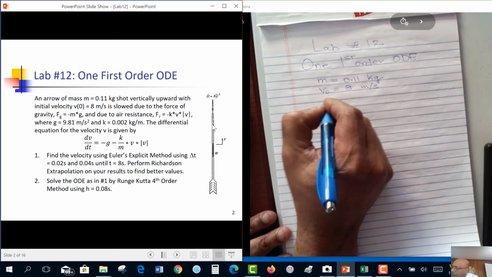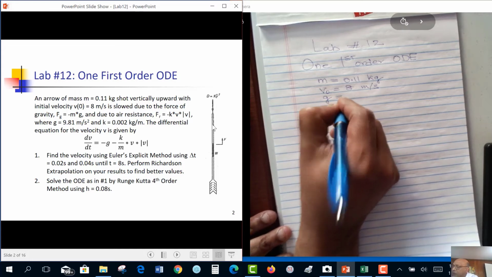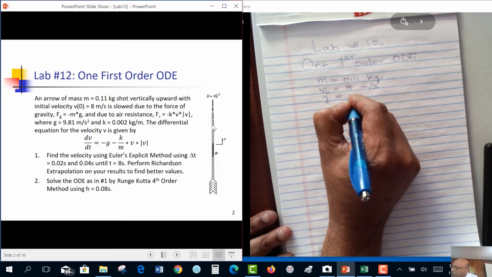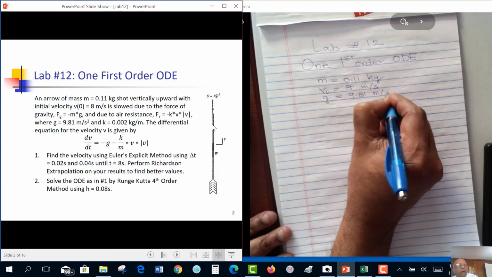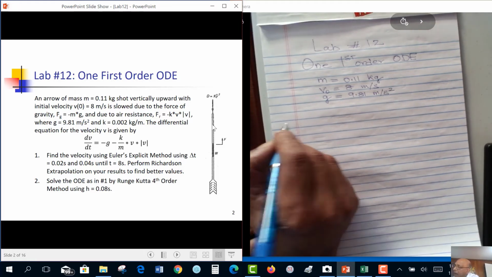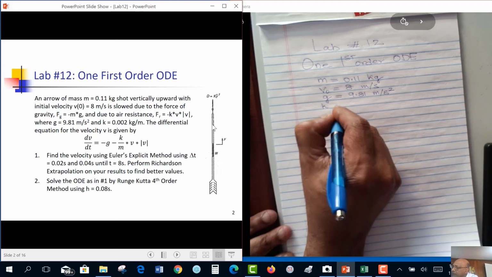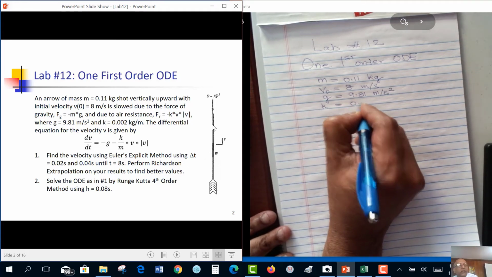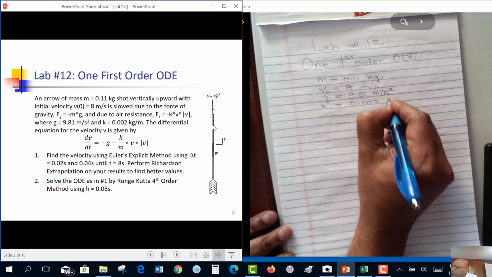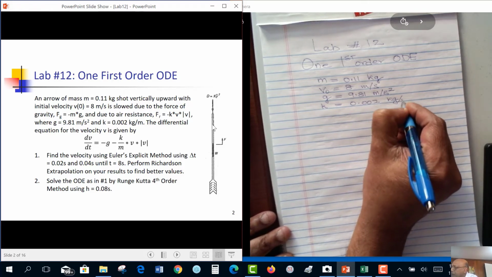When it shoots up, it will slow down due to gravity. And there is also an air resistance which involves a constant K, which is 0.002 kg per meter.